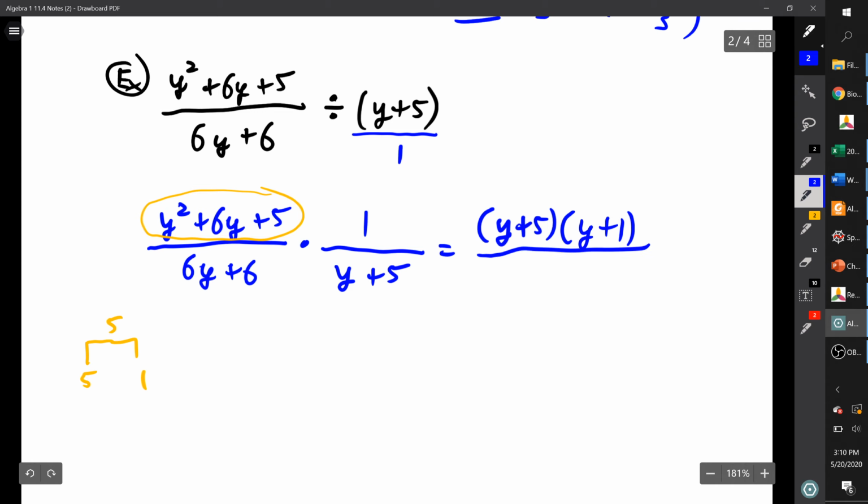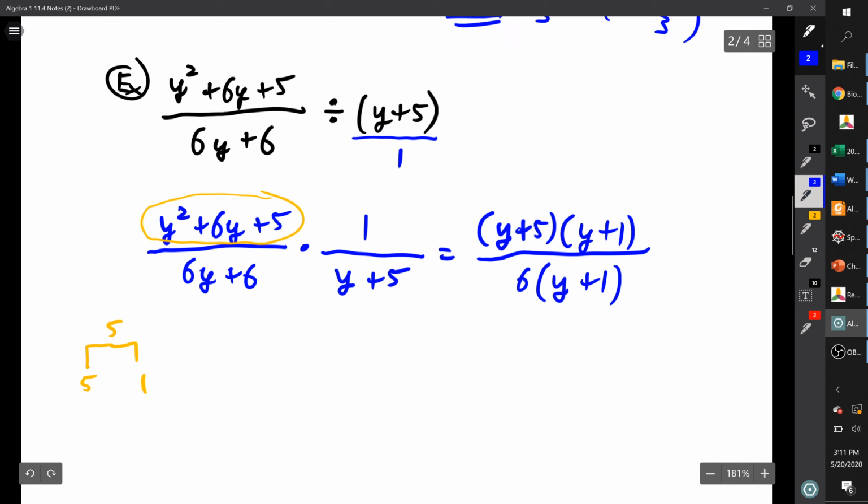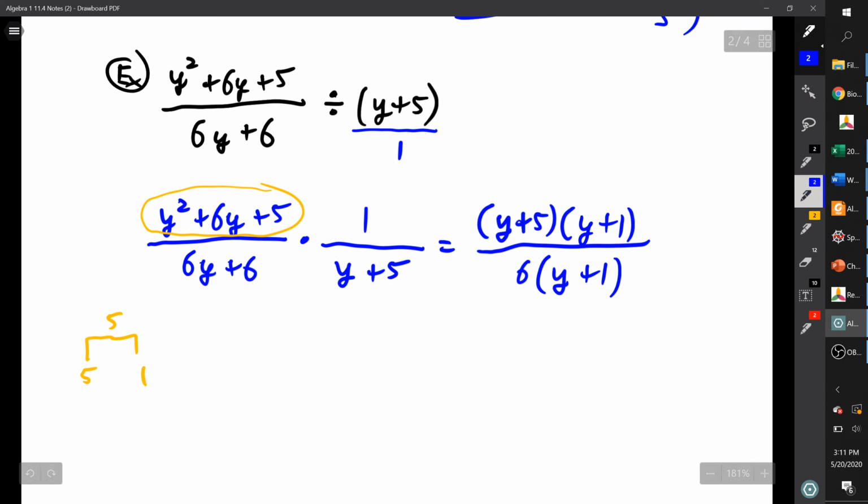And then the bottom, can I do any factoring here? Well, they both have a 6 in them, so I can factor out a 6. That's the same thing as 6 times y plus 1, because if I re-multiply this out, 6 times y gives me 6y, plus 6 times 1 gives me 6.